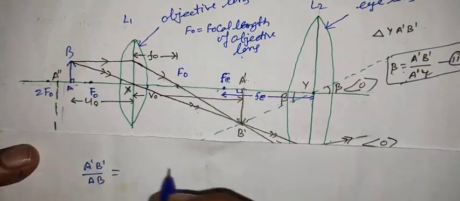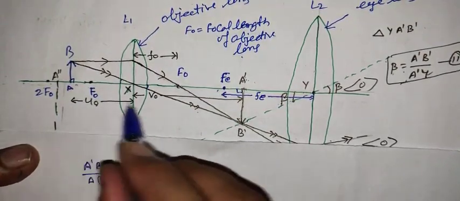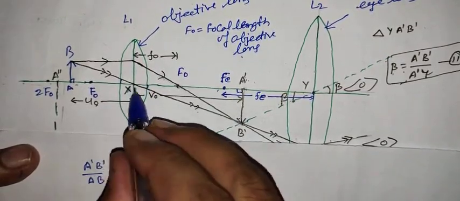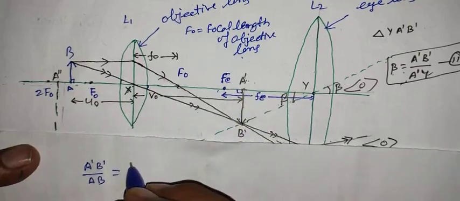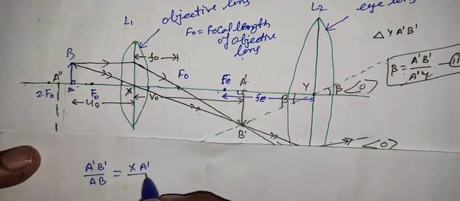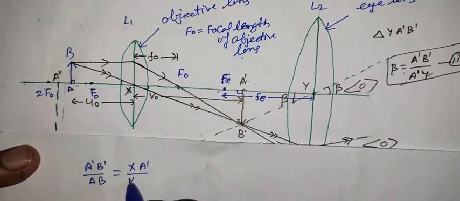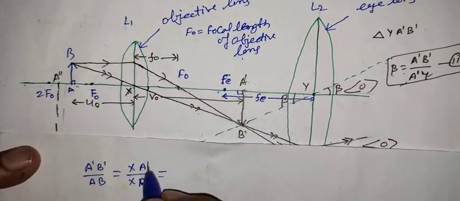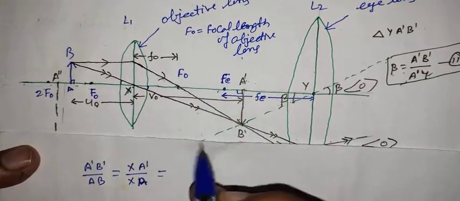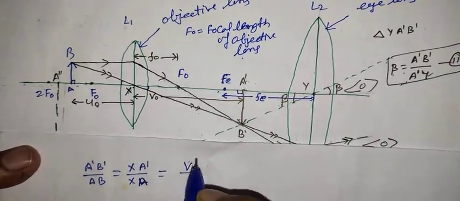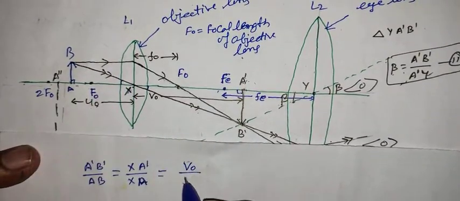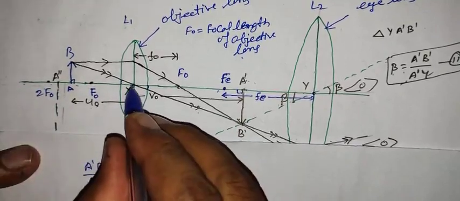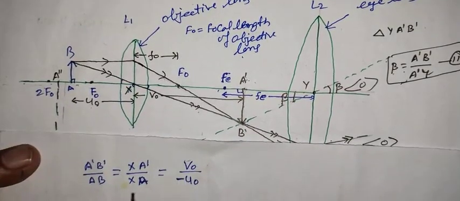The property of similar triangles is that the ratio of sides is equal. So it is equal to A dash B dash by AB, which is X A dash by X A, that is V naught by U naught, but according to the sign convention U naught is negative.